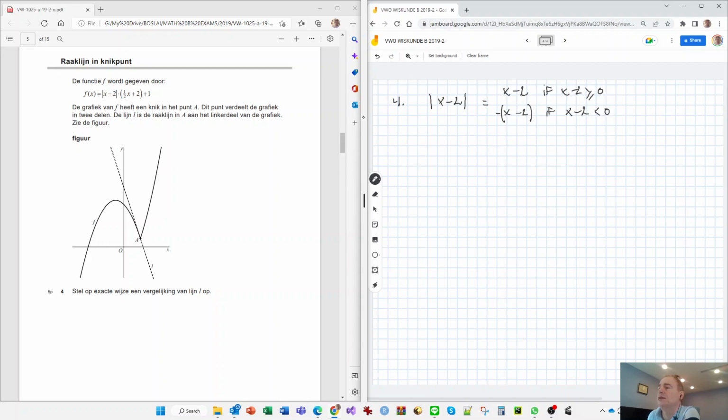So that's the next point in A, and obviously it splits the graph in two parts because of this, and the tangent L is a tangent in the left part.